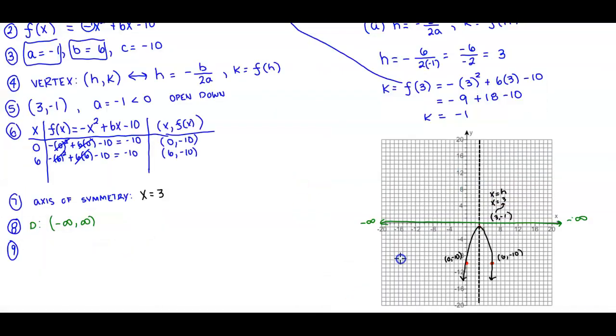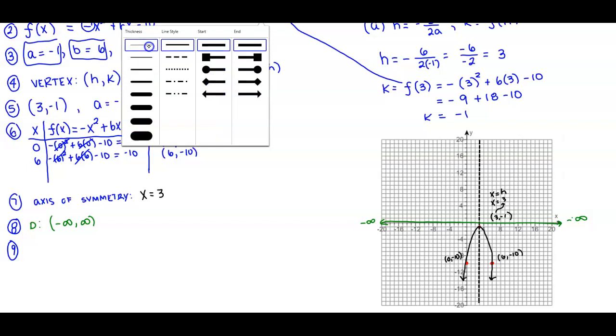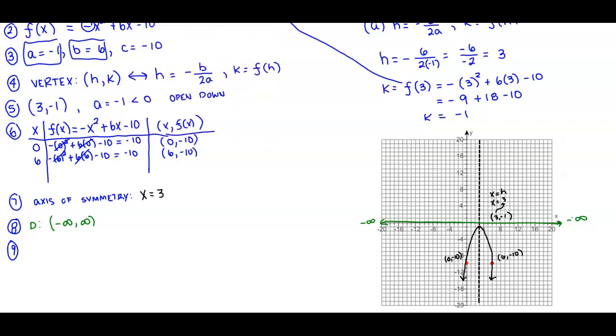Okay, now we need to determine what is the range of this function. Okay, so the range of this function is where you can see here that it starts at negative infinity down here because it keeps going down. And then how far does it go up? Well, it goes up to here, which is negative 1.